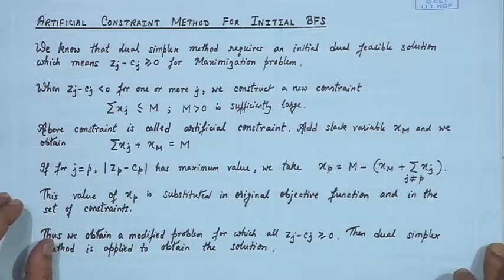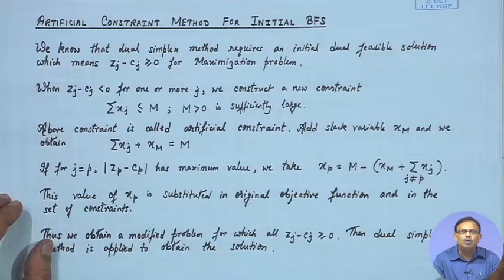As we have said, if z j minus c j is not greater than or equal to 0, we cannot use the dual simplex method. So now we want to talk about what to do if z j minus c j is less than 0 for one or more j: how to construct a new constraint so that your z j minus c j will be greater than or equal to 0.